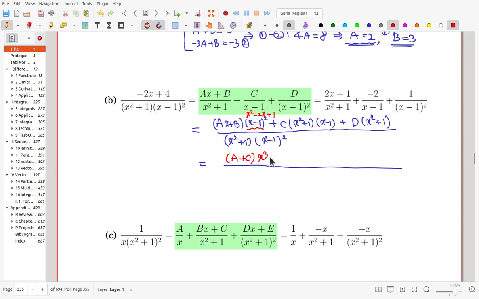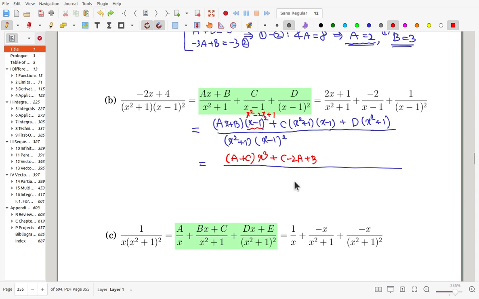How about x squared? From here, x squared will appear minus 2a, and then x squared will appear here, now b, right? And x squared, that is parenthesis.